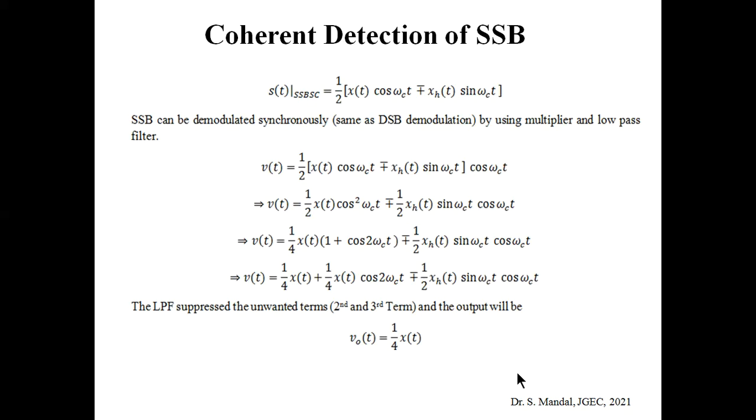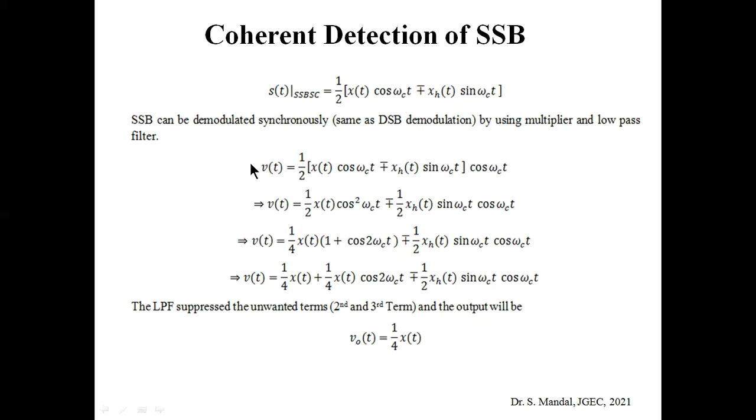As you already know, in case of coherent detection, we are using a locally generated carrier at the receiver end. That means cos omega c. So we multiply the carrier signal with the received SSB-SC signal. Consider s(t) SSB equal to half x(t) cos omega ct minus plus half x_h(t) sin omega ct.